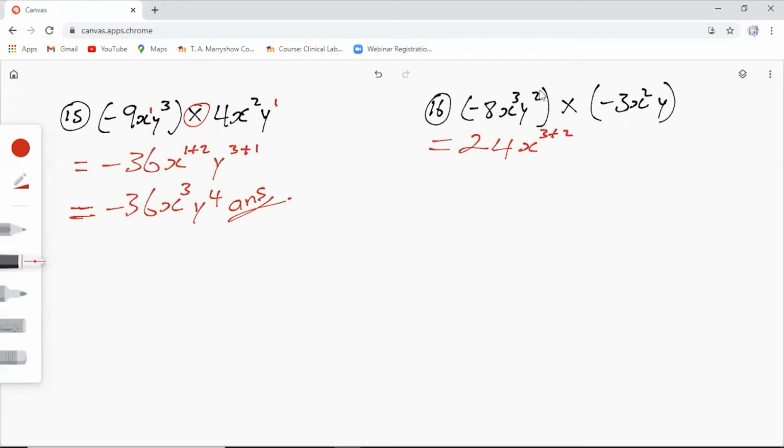And then y squared times y to the power of 1, so that would be y to the power of 2 plus 1. Okay, so our answer, simplifying, is 24 x to the power of 5, y to the power of 3. So 24 x to the power of 5, y cubed. That's our answer there. Okay, great.